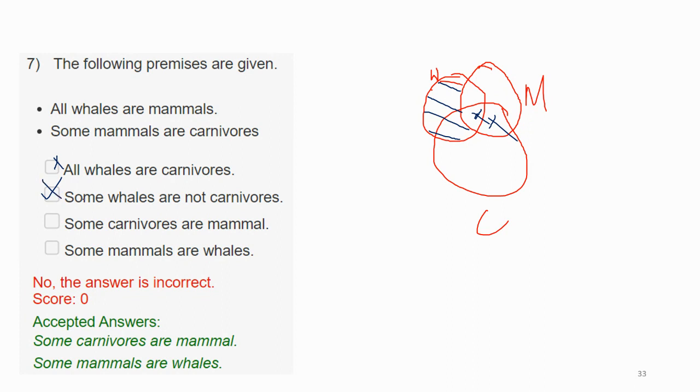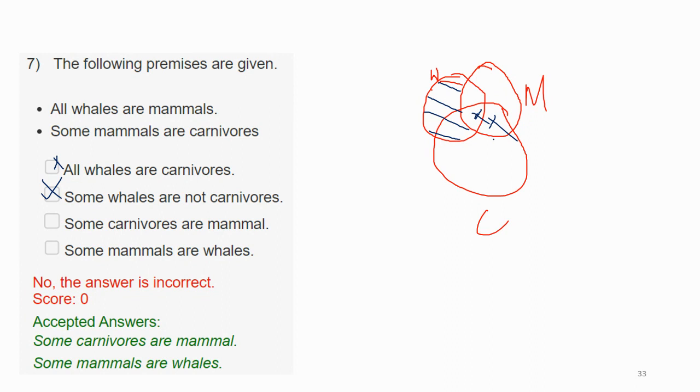Clear? This is very confusing. So this is the overlapping portion. Now some portion is shaded and some portion is crossed. From here we cannot say that some whales are not carnivores, because some crossed portion is there. Then, some carnivores are mammals.